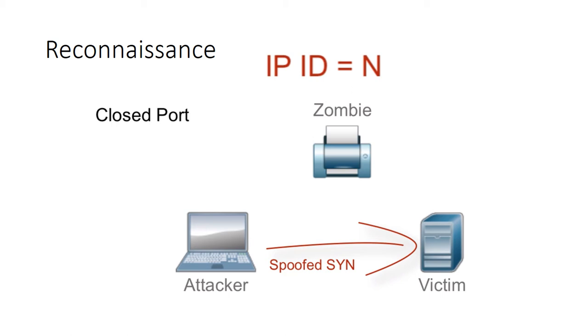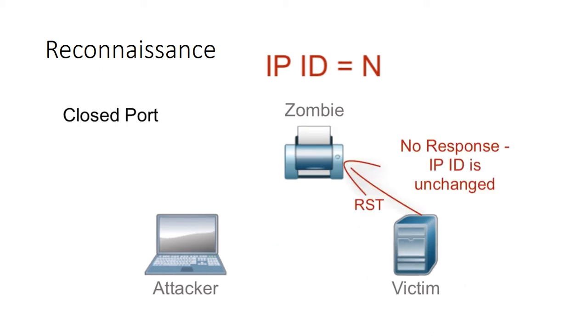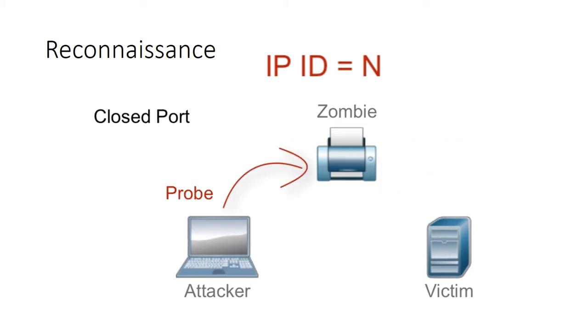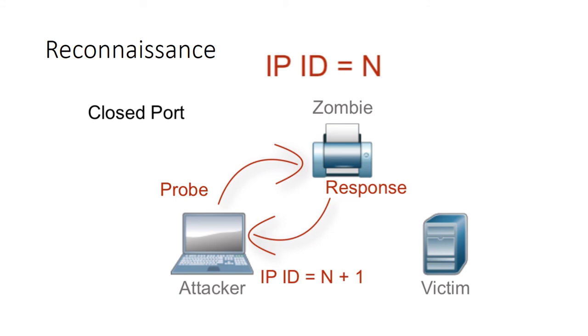The victim is not listening on the port, so it sends a TCP reset to the zombie. IP hosts do not respond if they receive an unsolicited TCP reset, and as such, the IP ID value is not changed. So when the attacker sends a second probe to the zombie and finds that the IP ID value has only increased by 1, the attacker can assume the victim is not listening on the TCP port. The TCP port is a closed port.